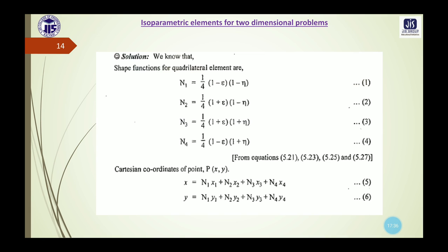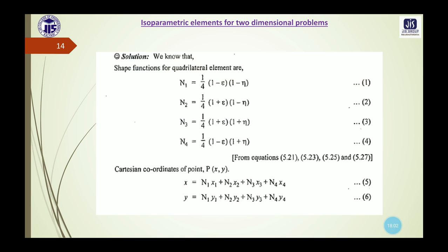Then n2 is 1/4 (1 plus epsilon) into (1 minus eta). This is equation number 2. Then n3 is 1/4 into (1 plus epsilon) into (1 plus eta). This is equation number 3. And n4 equals 1/4 into (1 minus epsilon) into (1 plus eta). This is equation number 4. So these are the equations for the shape functions that we need to remember.